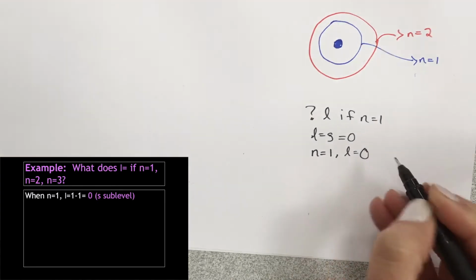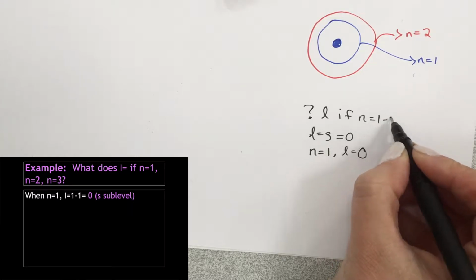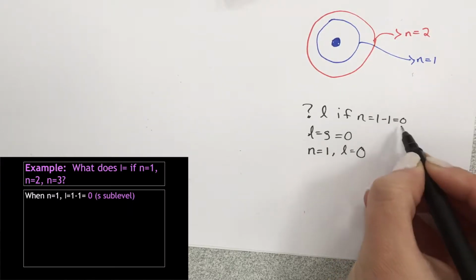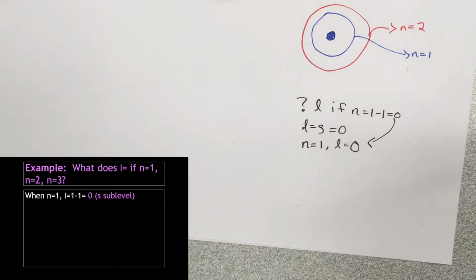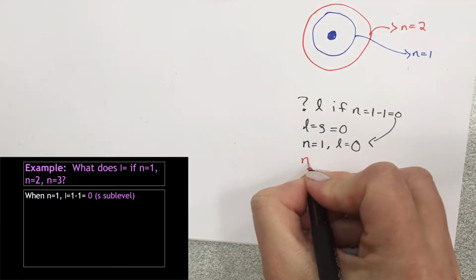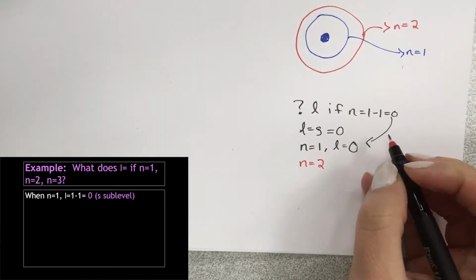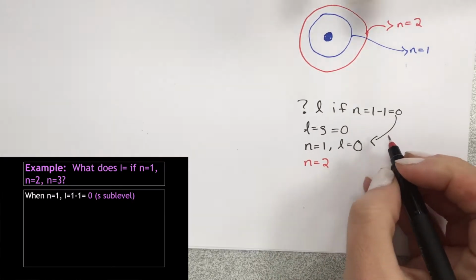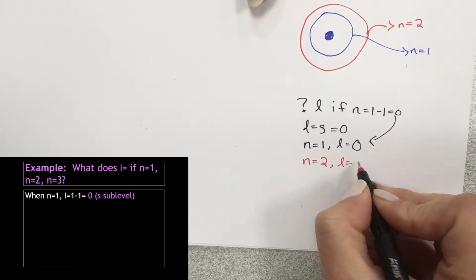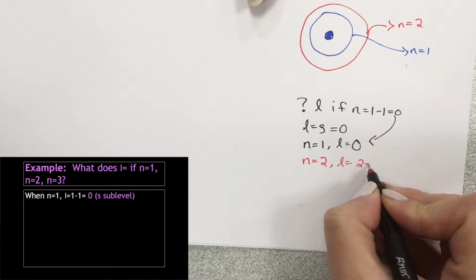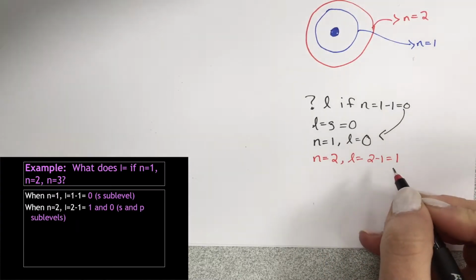How you know that is you take the number of n, subtract 1, and that's your L. So easy, quick maths. If n equals 2, then L equals 2 minus 1, so L equals 1.